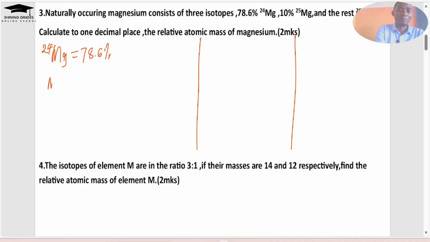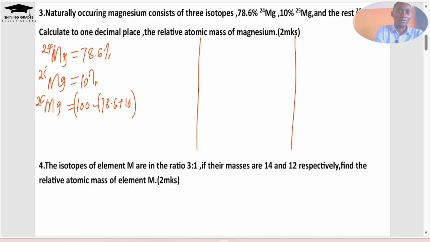I also have magnesium 25 with percentage abundance of 10%, and the rest is magnesium 26, which is the total percentage, which is always 100 minus the percentage that we already have in this case.